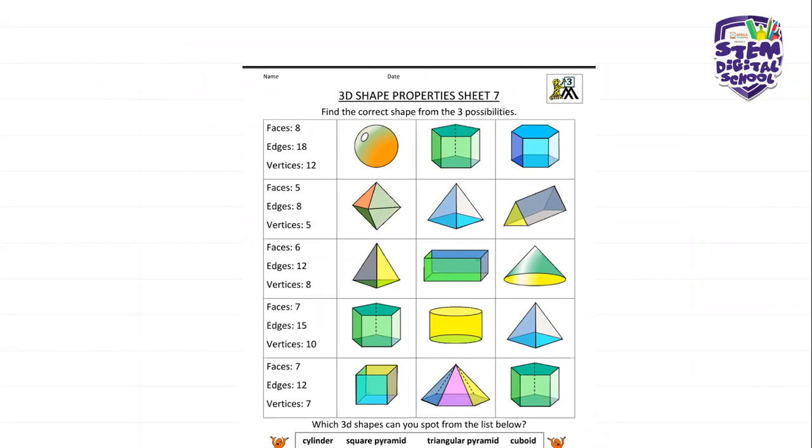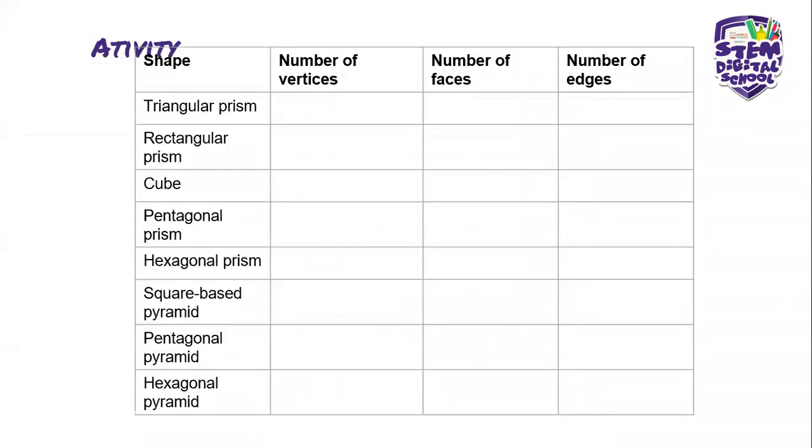And then perhaps the only one that we may do is the pentagonal pyramid. Let's now talk about the pentagonal pyramid. How many vertices are there? How many faces are there? And how many edges?